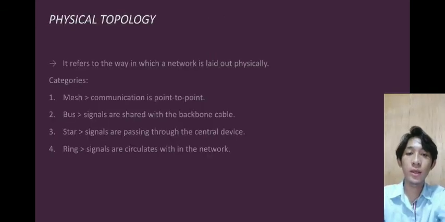Physical topology. It refers to the way in which a network is laid out physically. Categories. Mesh. Communication is point-to-point. A mesh topology is a network setup where each computer and network device is interconnected with one another. Bus. Signals are shared with the backbone cable.